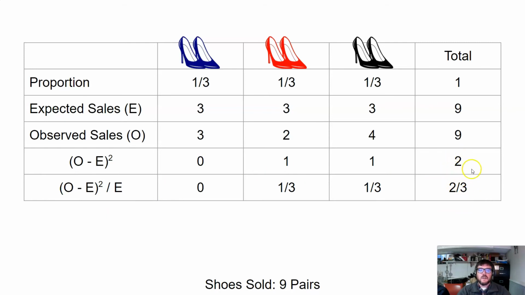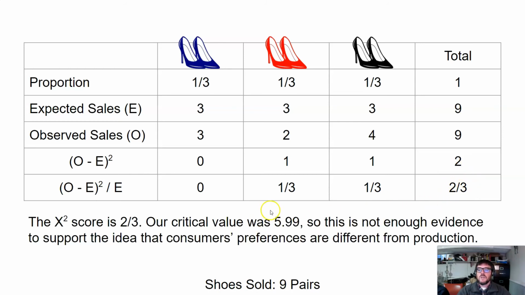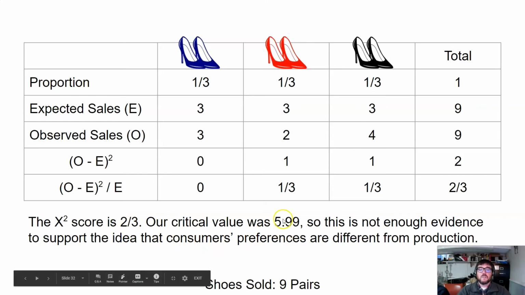You can think of this one as being sensitive to sample size, and this one not being sensitive to sample size. So our chi-squared score is 2/3, which is like 0.67. It's much less than our critical value of 5.99, so there's not enough evidence to support the idea that consumers' preferences are different from production. So we would not reject the null. We would keep on manufacturing 1/3 of each kind of color.